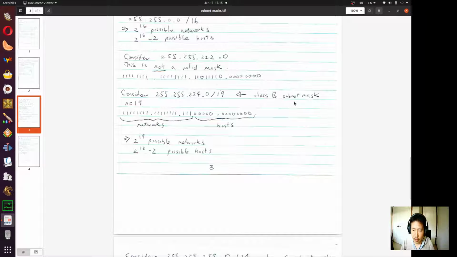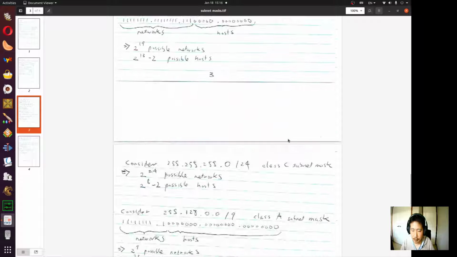So this is a class B subnet. Okay, so this is the network portion, this is the host portion. There are 19 digits that are turned on, so there are 2 to the power of 19 possible networks, and there are 13 bits that are turned off. So it's 2 to the power of 13 minus 2 possible hosts. Okay.